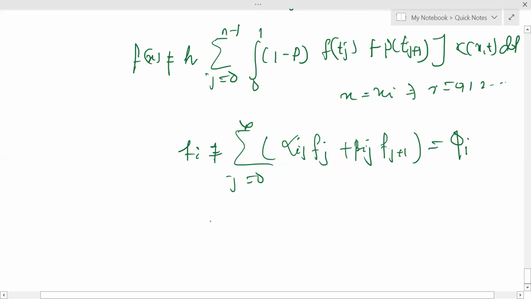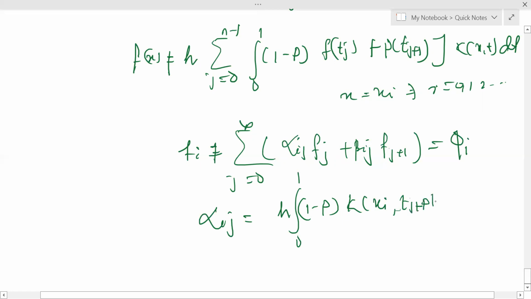So what is α_ij? α_ij एक वैल्यू आएगा, that is equal to h into the integration of (1 minus p) k(x_i, t_j plus ph) dp, इसको इंटीग्रेशन करेंगे 0 to 1.